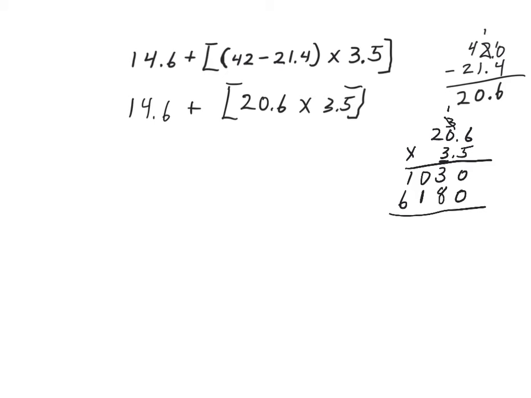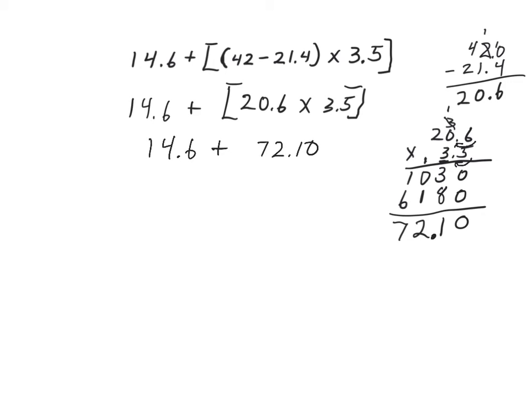Now we have to add this up. So 0 plus 0 is 0. 8 plus 3 is 11. Put the 1 down, carry the other one. 1 plus 1 is 2. And 6 plus 1 is 7. Now to place our decimal point, we look above and see it's in 1 time here, 1 time here from the right. So that's 2 times. So we go 1, 2, and our answer is 72 and 10 hundredths.